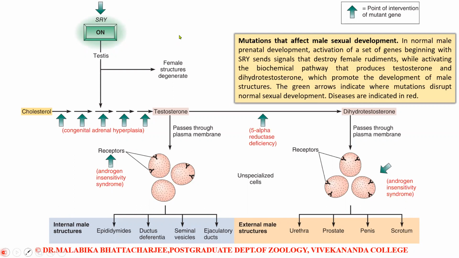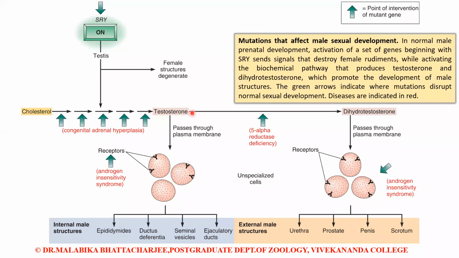So, coming to summarize the stages of sexual development. As you can see, the SRY gene is on, resulting in development of testes. As soon as the testis starts developing, the female structures degenerate. In the presence of the SRY gene, the testes produce testosterone, which is actually produced from cholesterol.